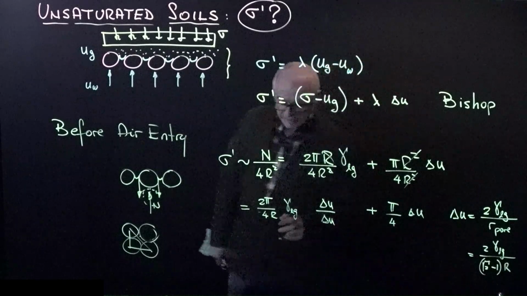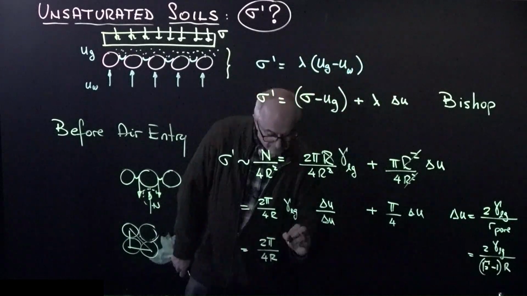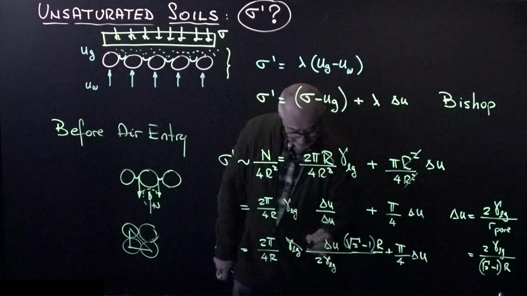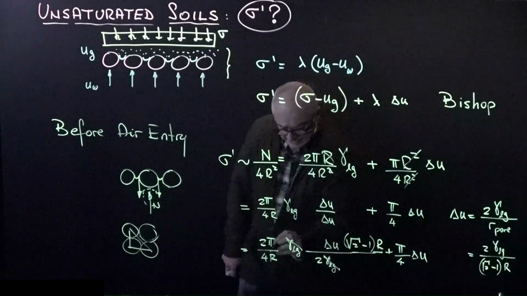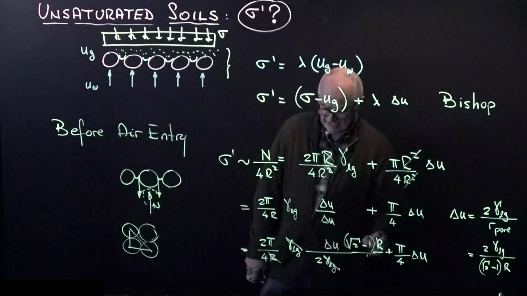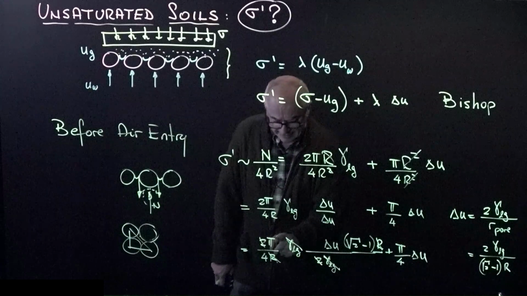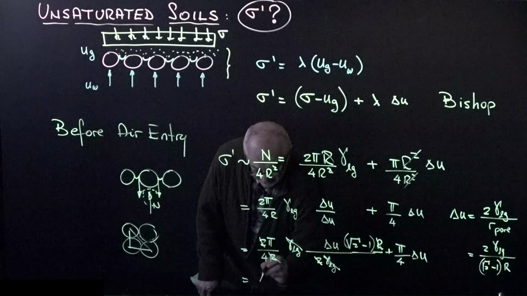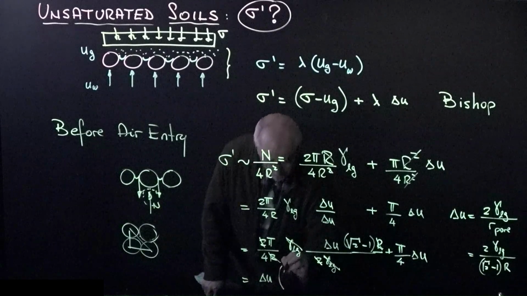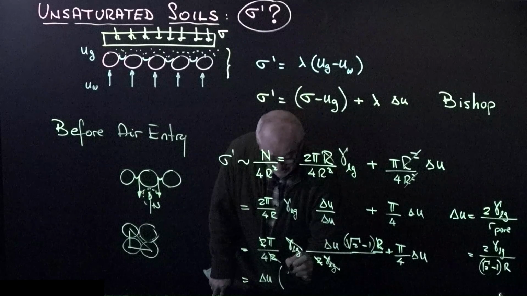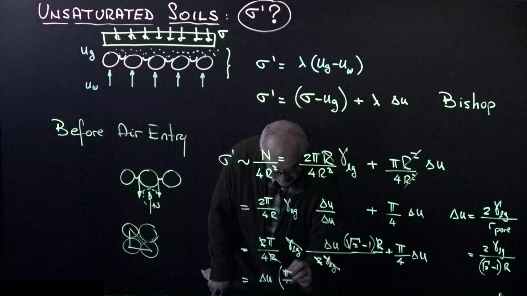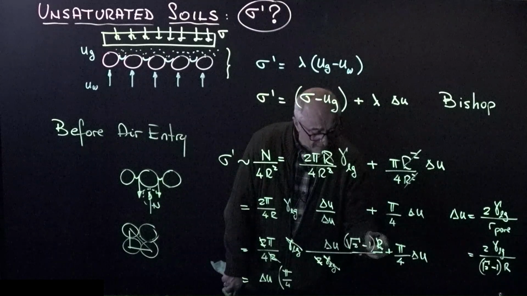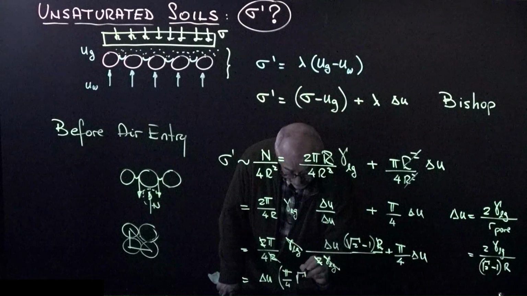So now we can replace here, and what I get is, therefore, I can cancel interfacial tension, I can cancel the pore size, these 2 with these 2, and I have pi over 4 and pi over 4, so this is equal to delta u, a factor of pi over 4, which I can also factor out, but let's keep it here, times square root of 2 minus 1 plus 1, so times square root of 2.